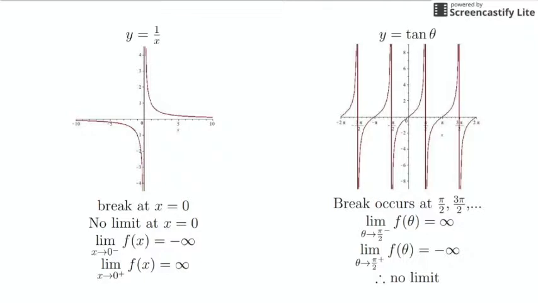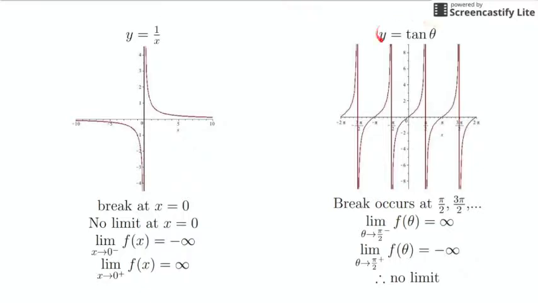So as x approaches 0 from the left, the function drops down to negative infinity. But as soon as I go to the right-hand side, if I approach 0 from the right, it goes up to positive infinity. So because these two aren't equal, the limit doesn't exist. That's a discontinuity in the graph.